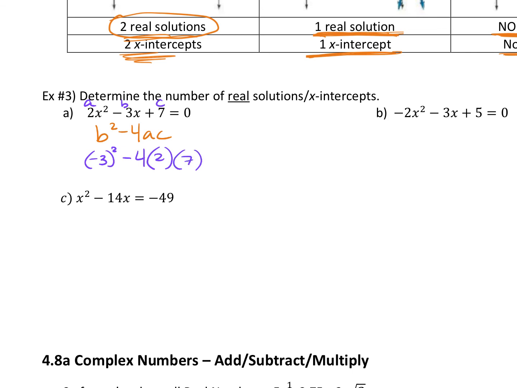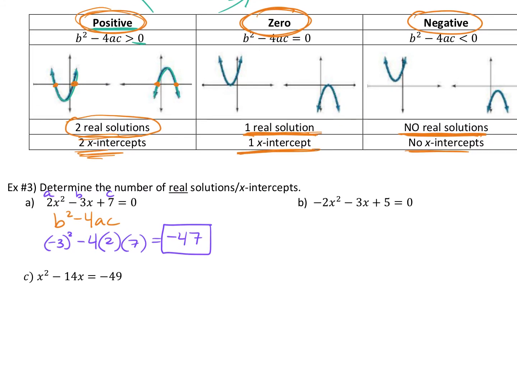Plug that into your calculator exactly how you see it. -3 squared minus 4 times 2 times 7. What do you get? -47. Okay, so if my discriminant is negative, how many real solutions are there? None. You cannot take the square root of a negative, right? So we would say no real solutions.